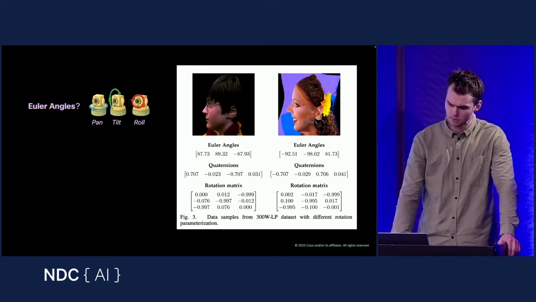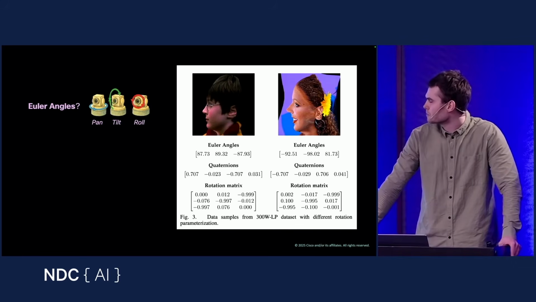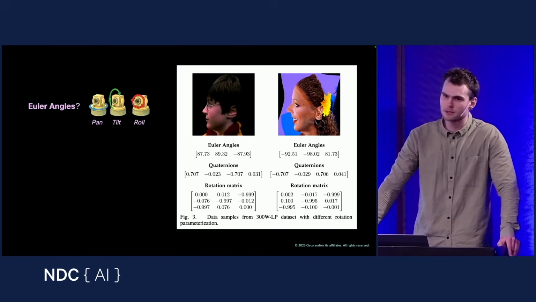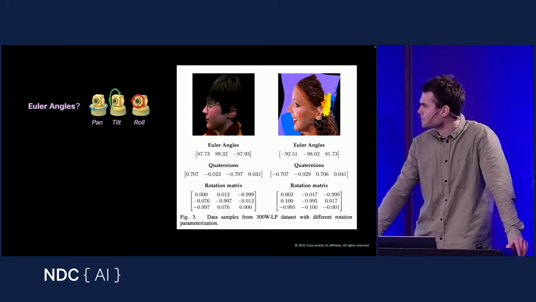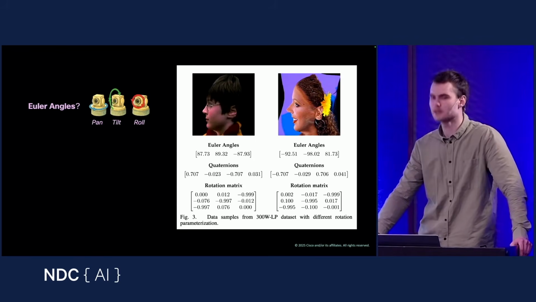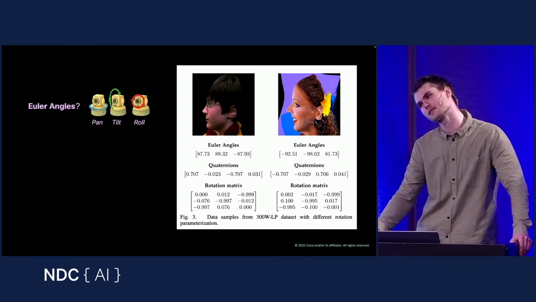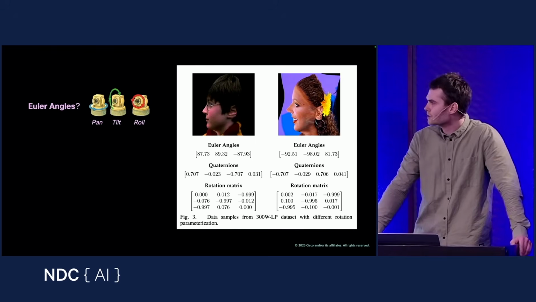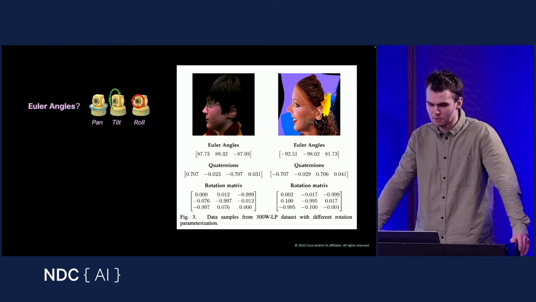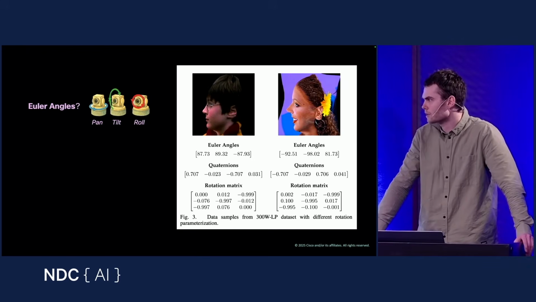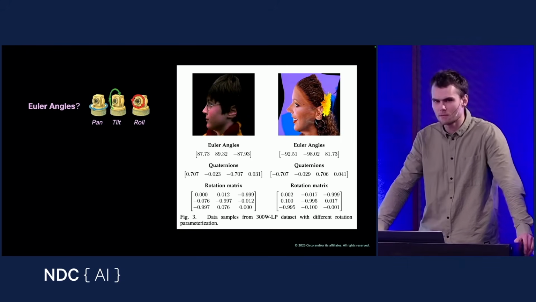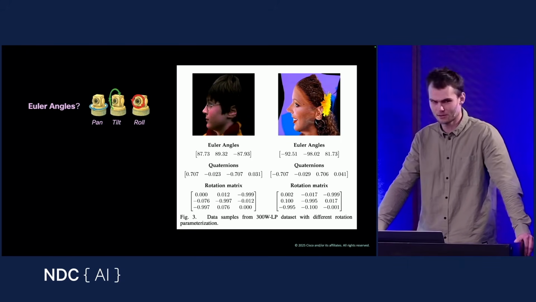Well, the first thing most people would think of is Euler angles, very common for cameras, for example, where you have pan, tilt up and down, and roll to the sides. And those are neat. It's only 3 numbers that you have to keep track of, but they suffer from a number of problems as well. If you know what a gimbal lock is, you know that is a problem.